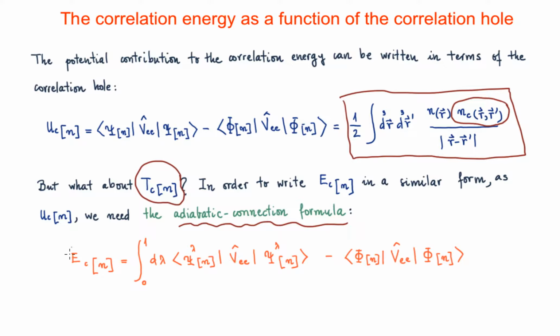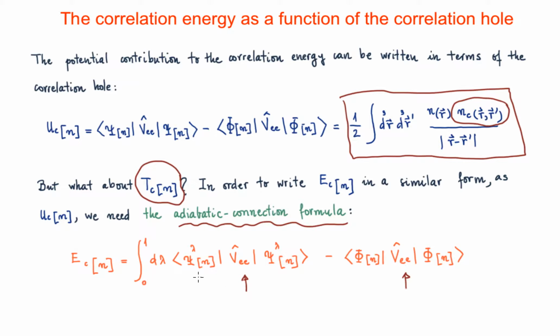Because in this adiabatic connection formula, we are writing the correlation energy functional just as a function of different averages of the potential energies. So there is no contribution of the kinetic energy. This is the good thing.